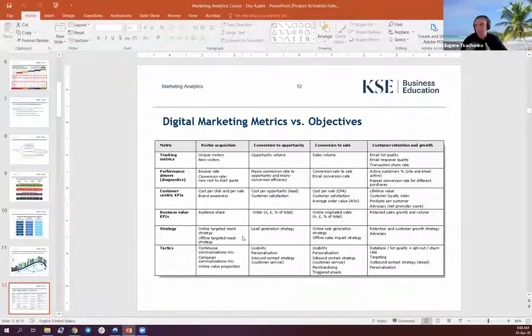So for visitor acquisition, potential strategies may be a targeted reach strategy. So you're just reaching out to people because of the specifications you found on Facebook or on Twitter, or offline, targeted reach strategy, people living in that particular area or listening to particular radio stations. So you know that your desired customer resides there.